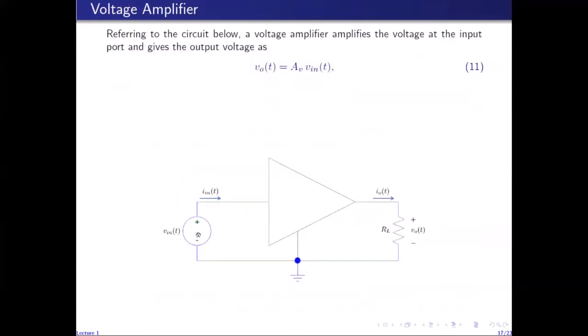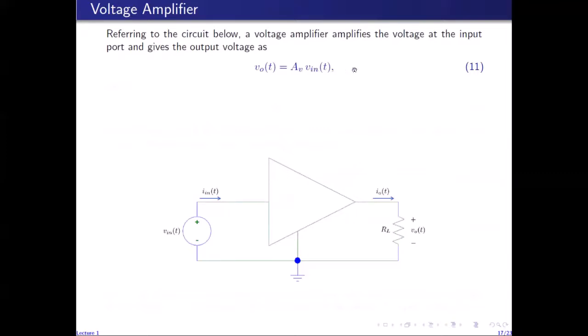So exciting the amplifier like this, in which Vin is a small voltage signal, Iin is the corresponding current, Vo is the amplified output signal, Io is the output current, and RL is the load resistor.